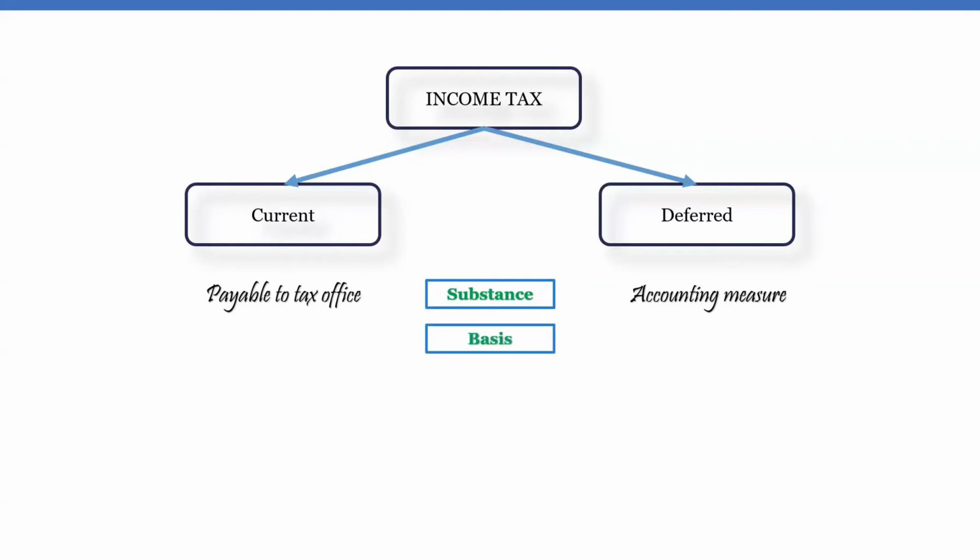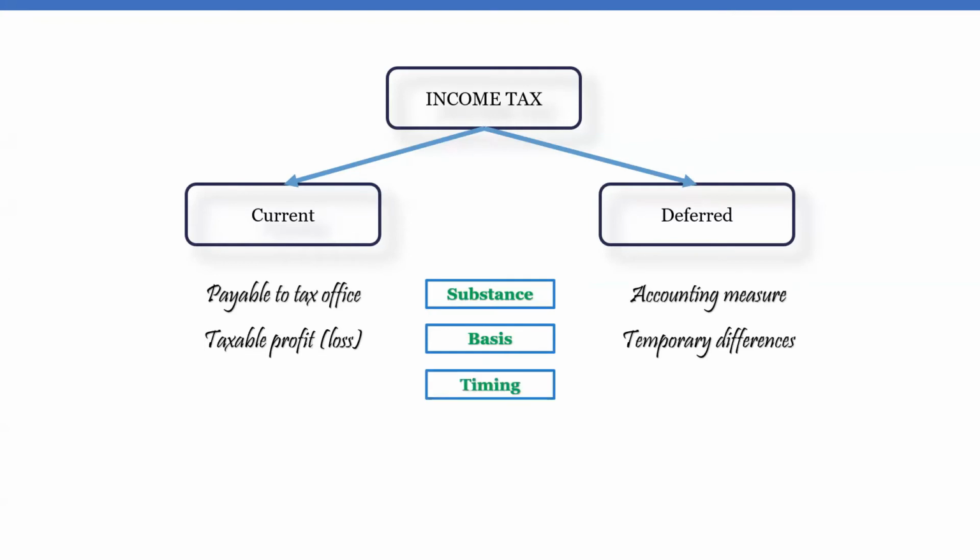Ano yung basis? Basis for current income tax is yung taxable profit or loss. Yung basis naman ng deferred income tax is yung temporary differences. As to timing, yung current income tax is for the current period and sa deferred naman is for future periods.